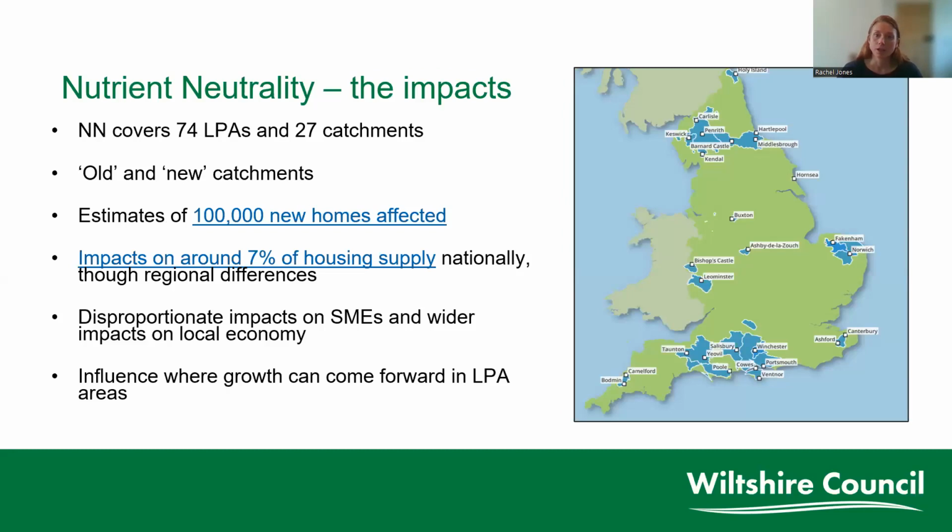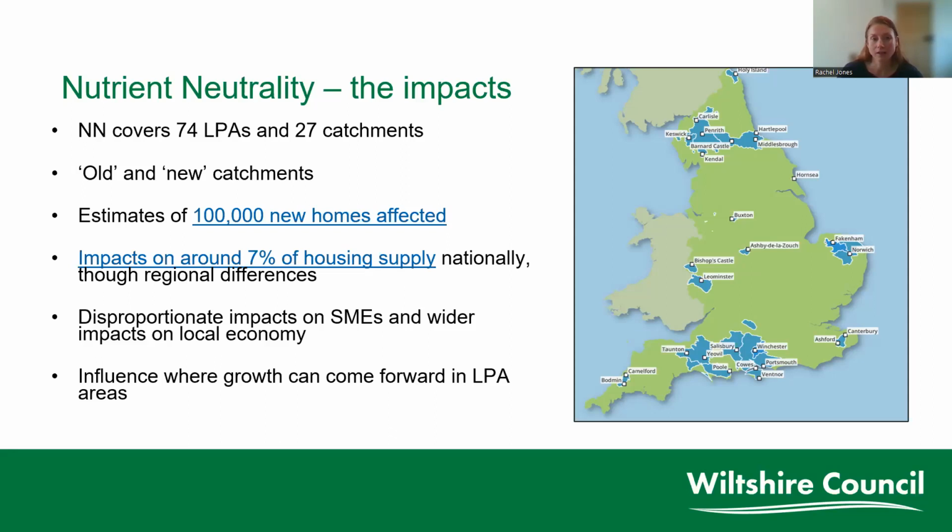So just a brief recap of nutrient neutrality across England. There's 74 local planning authorities that are dealing with nutrient neutrality, and as Simon said, that covers 27 water environment catchments. They were originally split into old and new catchments.